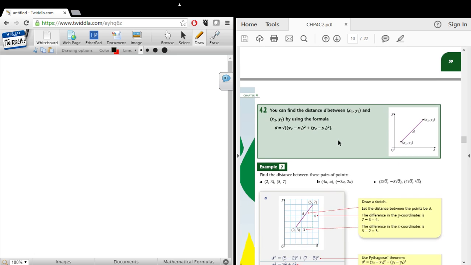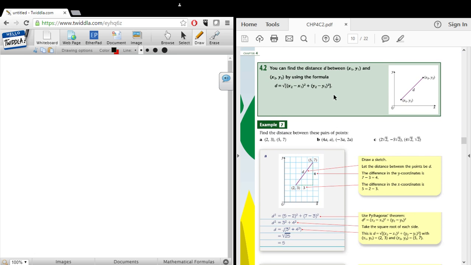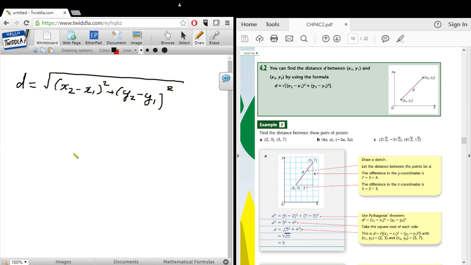Some exercises for you to do. 4.2, you can find the distance d between x1, y1 and x2, y2 by using this formula. The formula is d equals, which represents the distance, the square root of x2 minus x1 squared plus y2 minus y1 squared.